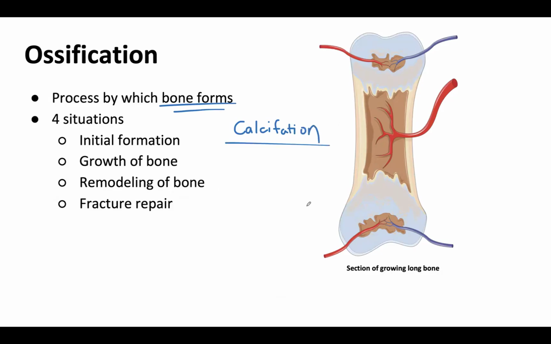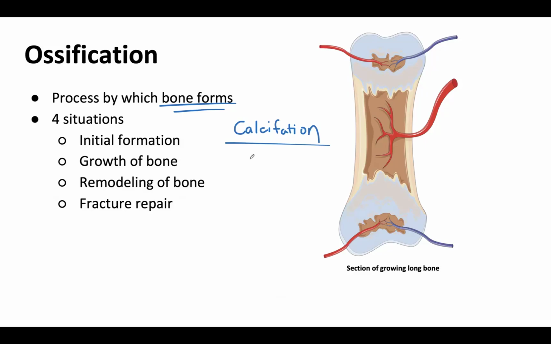Calcification is often used interchangeably with ossification, albeit this is incorrect. Calcification simply means tissue hardening. So as a bone is a relatively hard connective tissue, calcification is an important process within ossification. But ossification is more complex than just calcification.